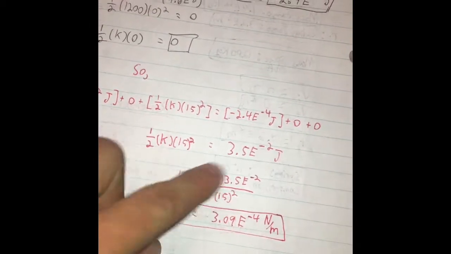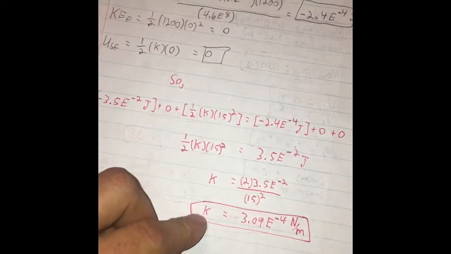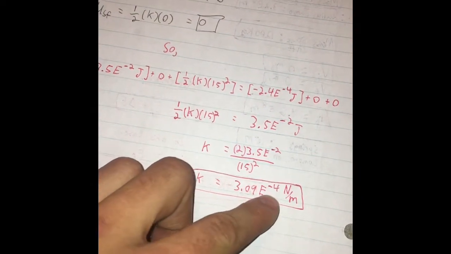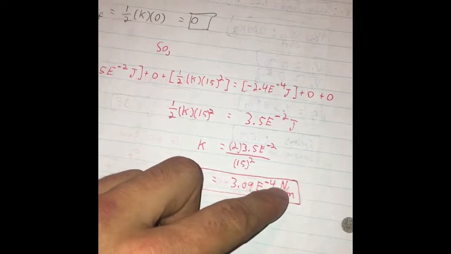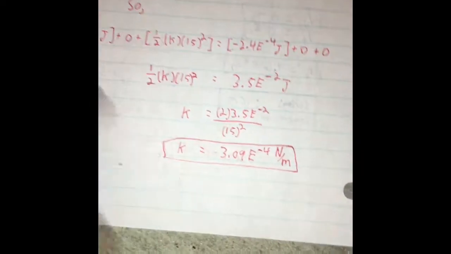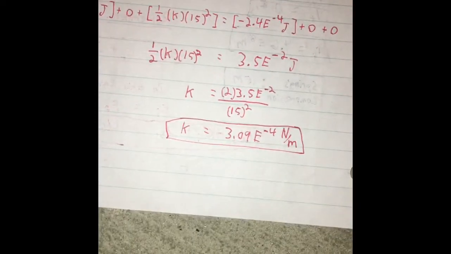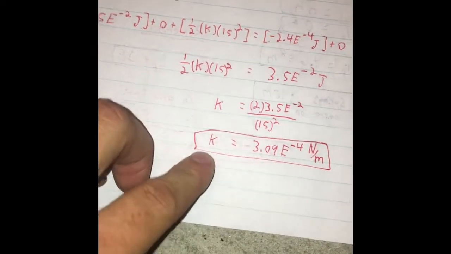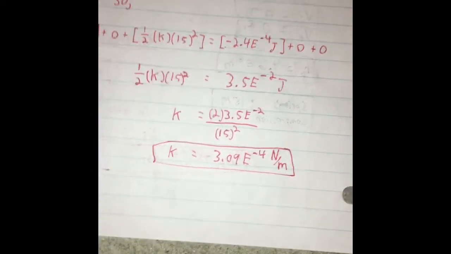As we solve for K, we find K to be very weak, and it is 3.09 times 10 to the negative 4th Newton meters. This is because the gravity of this planet is so small, it took very little stiffness of the spring to launch this spacecraft into space.